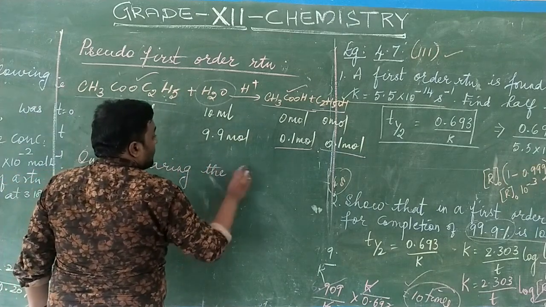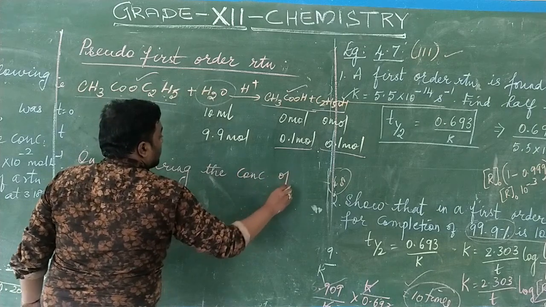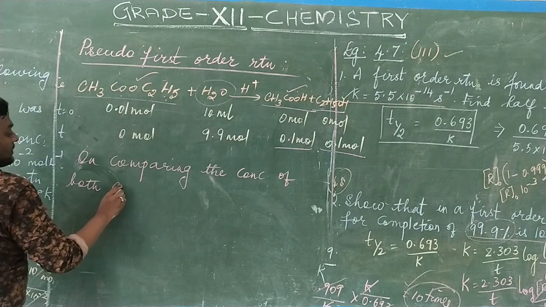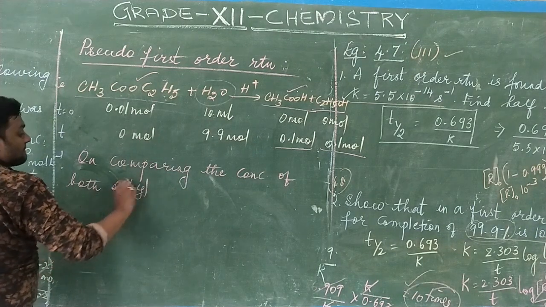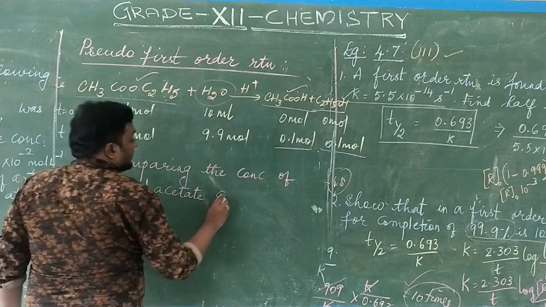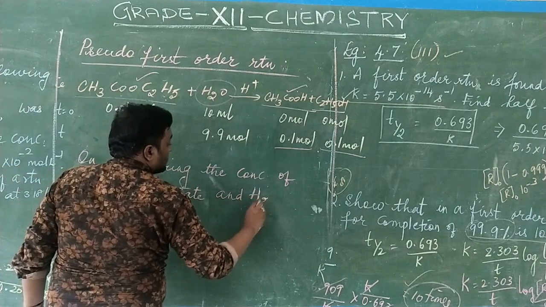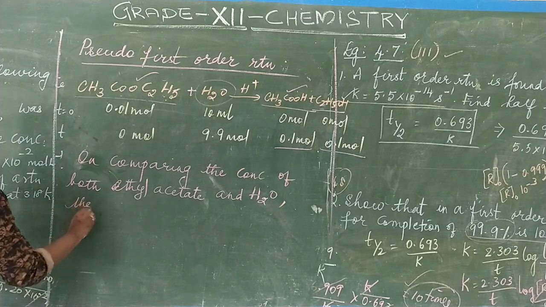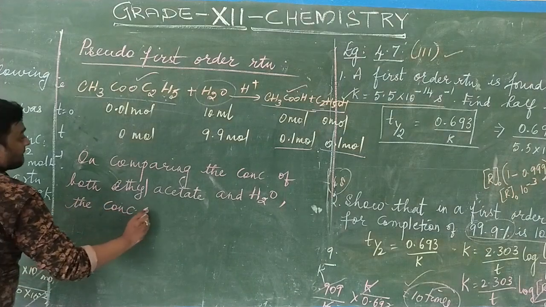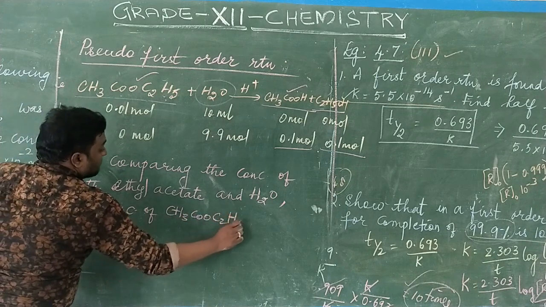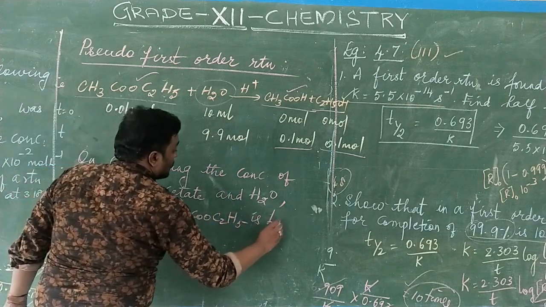On comparing the concentrations of both ethyl acetate and water, we are comparing both. The concentration of ethyl acetate, CH3COOC2H5, is lower.